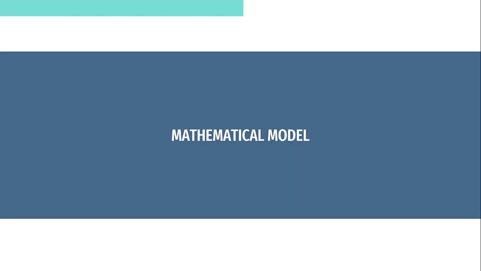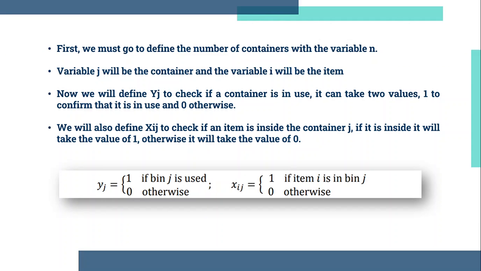The next thing we will talk about is the mathematical model of this problem. First of all, we are going to define yj to check if a container is in use. If it's in use, this variable will be given the value of 1.